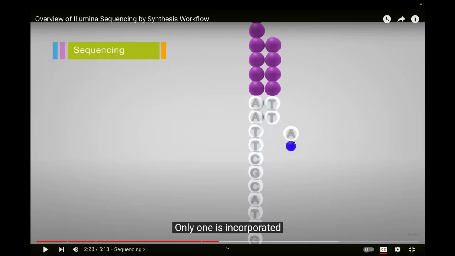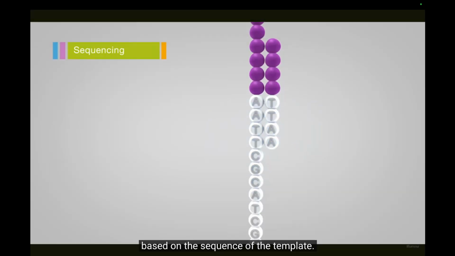This is a very controlled manner in which you see what bases are getting attached after what, and you can capture that whole information using the base caller. So one is incorporated based on the sequence of the template.